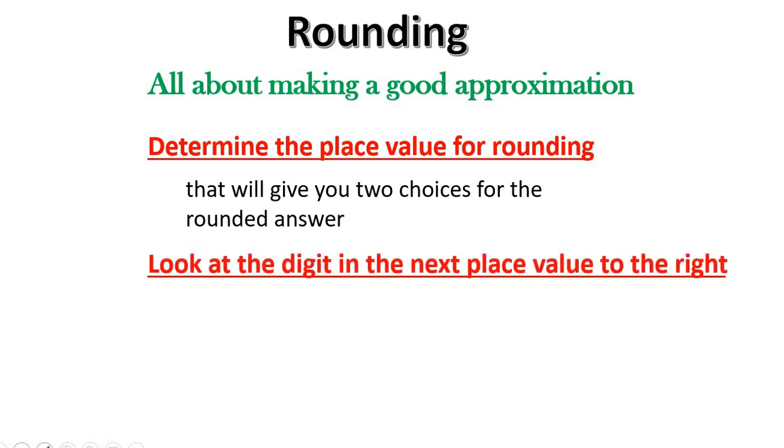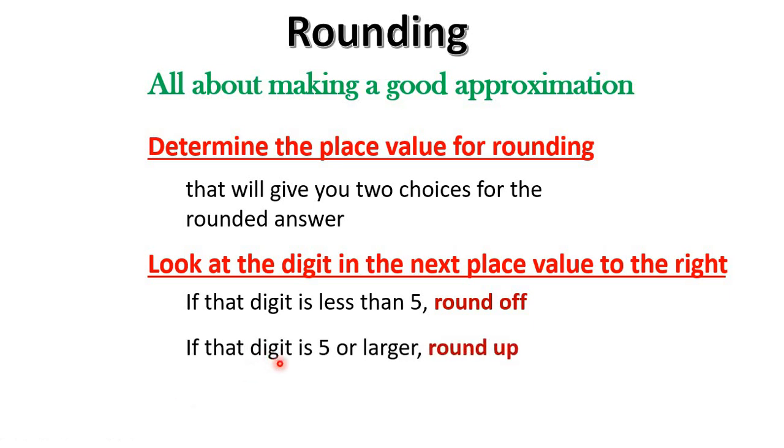And then after that, I'm going to look at the digit that's 1 place to the right of that rounding location, and then I only have 2 choices for that digit. If it's less than 5, I'm going to round it off, which means drop it off. If I'm to the left of the decimal point, remember I'm putting the zeros in. Or it's 5 or larger, and so I'm going to round it up.